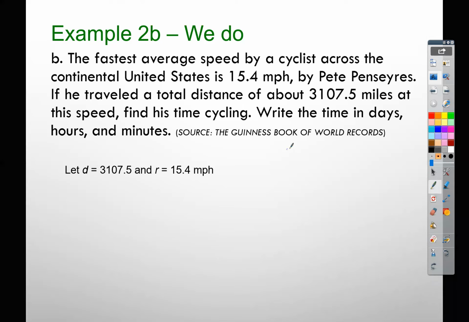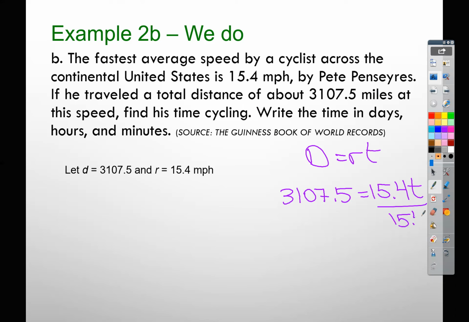Okay, so we have distance equals rate times time, right? So it looks easy. You just divide.